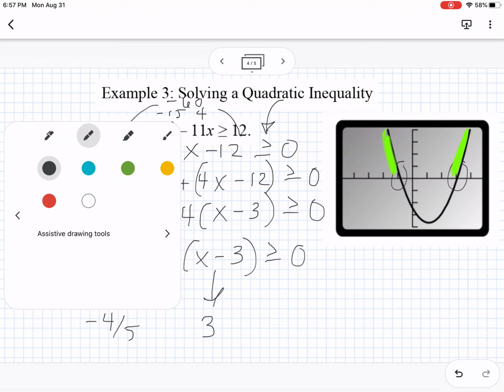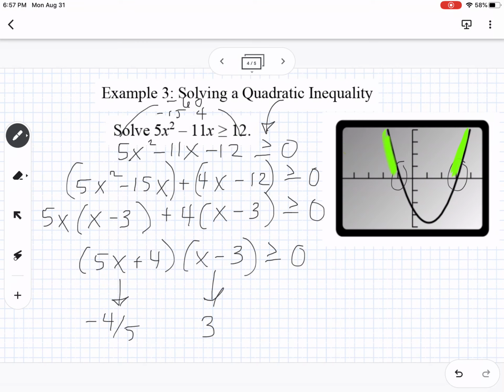So how I write that is I would say negative infinity to my first 0 point, which is negative 4/5.